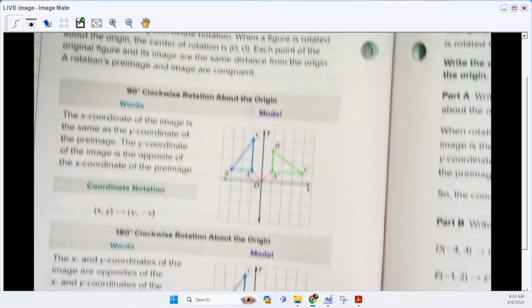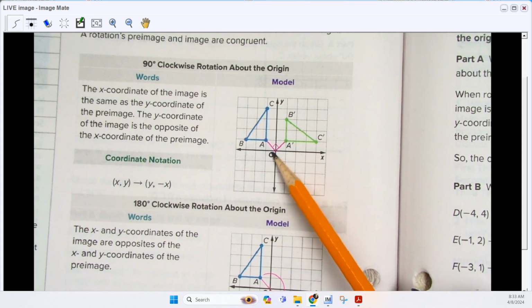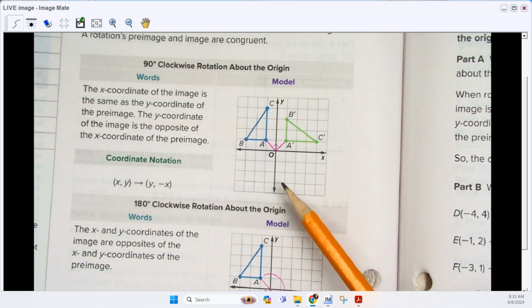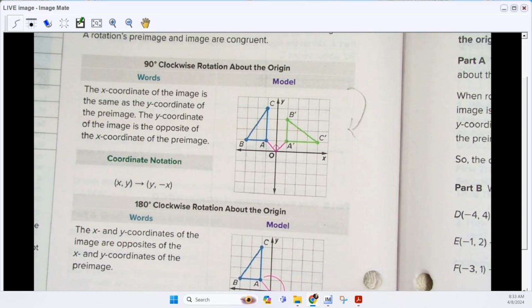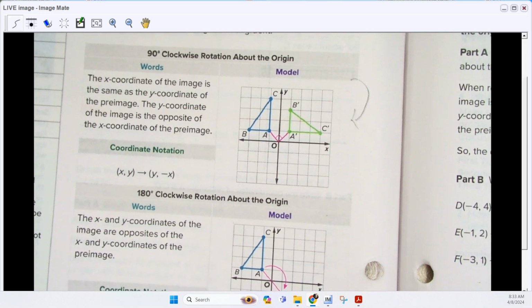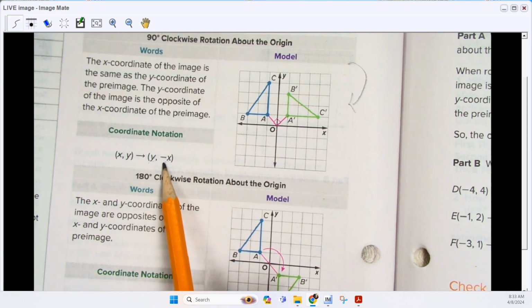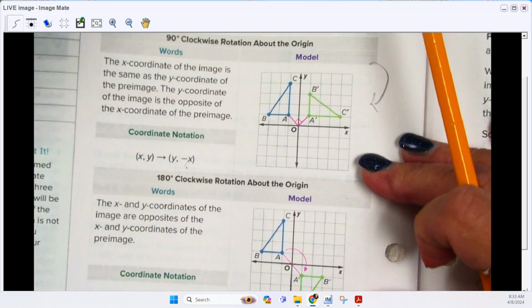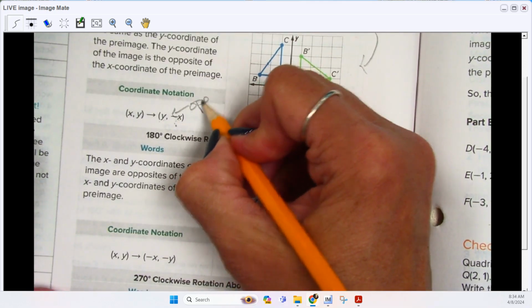So if I look at this, from this point to this point, we made a 90 degree turn. It went 90 degrees clockwise. Again, clockwise is this way, just like a clock goes. So what we're doing is we're switching these, and what's now in the Y position becomes its opposite.